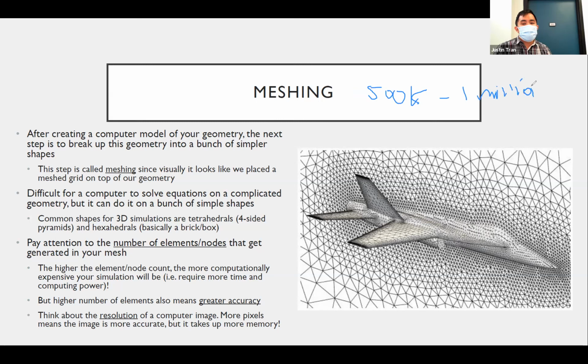If you're in that ballpark, your results are usually accurate enough, so accuracy is not really a concern. But you would have to run these on the cluster. You can try to run these on your computer, and if you have a really nice computer, it might be able to run in a few hours. But generally speaking, if you're getting into this territory, you would want to run these on the supercomputer.